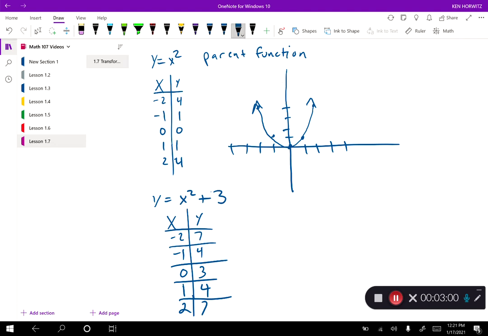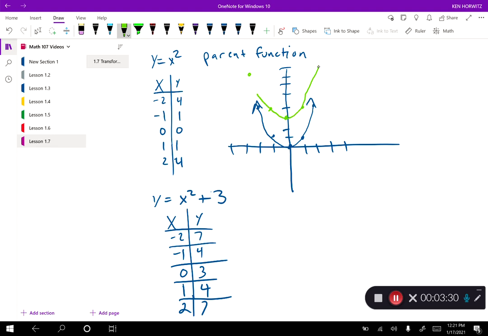So there we go. So -2, 7, 1, 2, 3, 4, 5, 6, 7 up here. And then -1, 4, 1, 2, 3, 4, about there. 0, 3, and 2, 4, and 7.